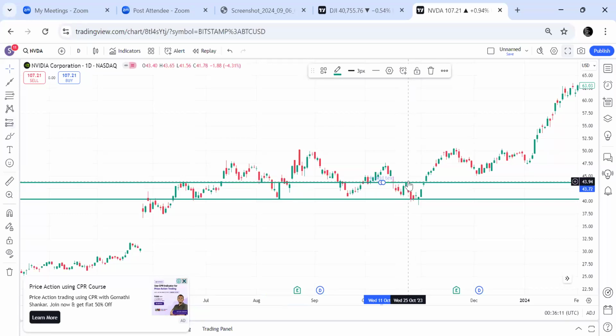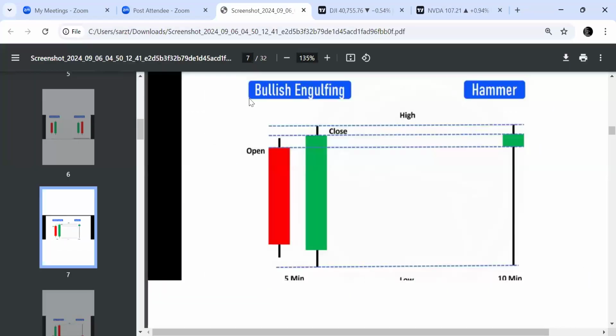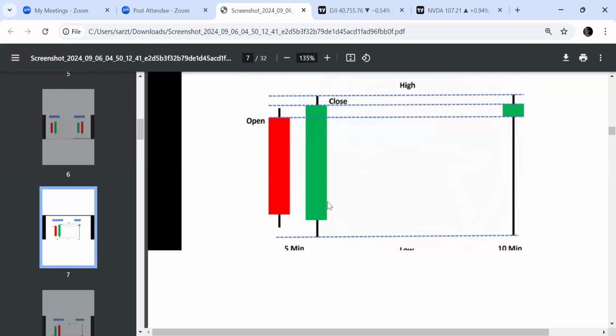Even though this candle is formed, the next candle had completely engulfed the previous candle. So that's the psychology. So we can consider this as a bearish engulfing pattern. Here, more than examples, we need to understand the psychology.